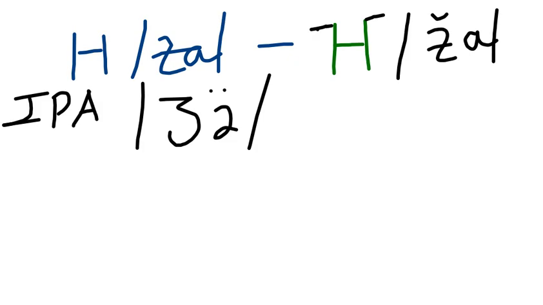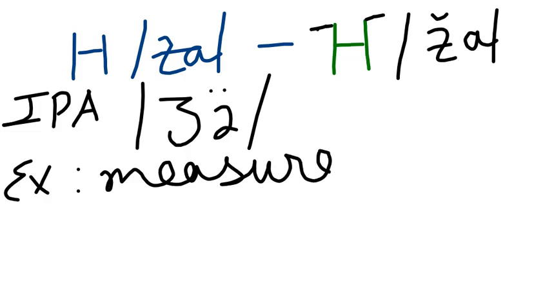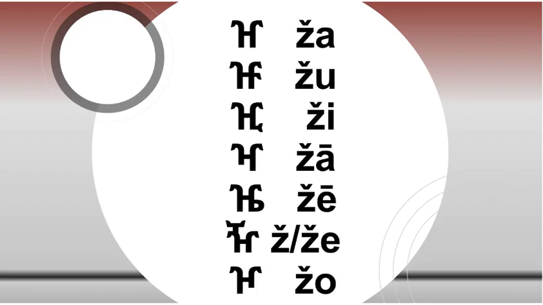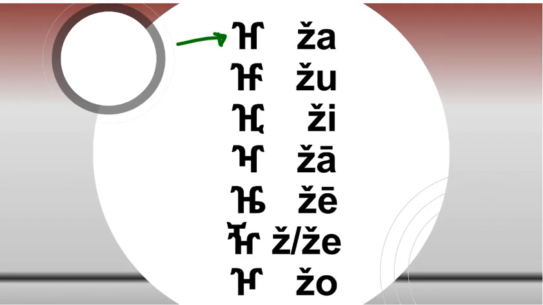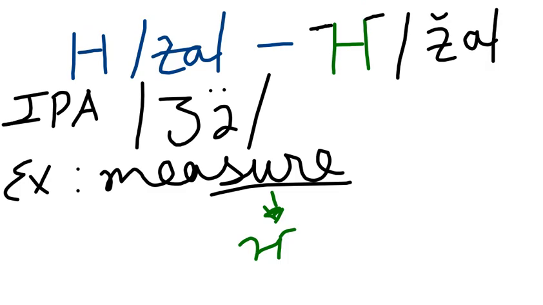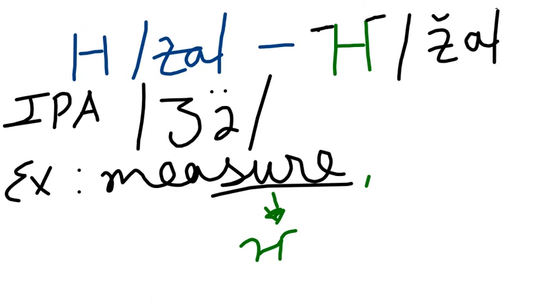And as an example, we have measure. This is the first variant, j, measure. And again, we have as an example vision.